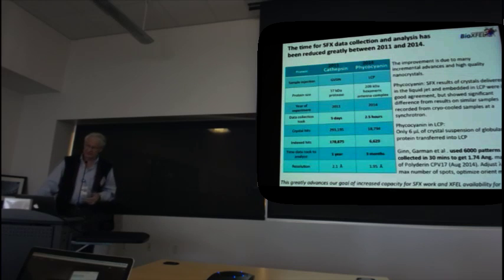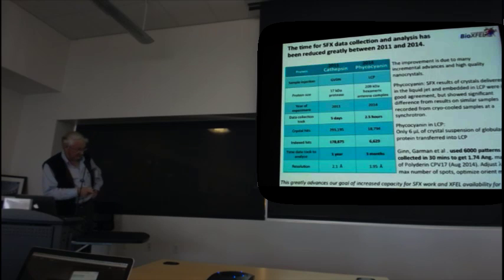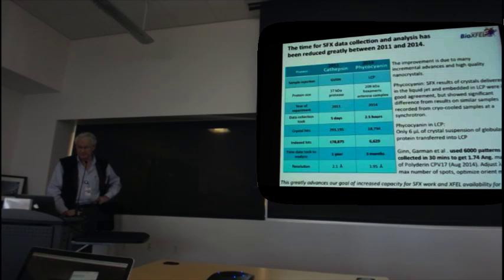An important issue is, as Paul mentioned, access and capacity, how to get time on these machines. One thing which helps a lot is if you can get the data more quickly. And the time to get a complete data set has fallen dramatically. I was at the Gordon conference recently where Helen Ginn, a student of Elspeth Garman, reported that she'd collected just 6,000 patterns. This only takes 30 minutes to get a 1.7 angstrom structure.